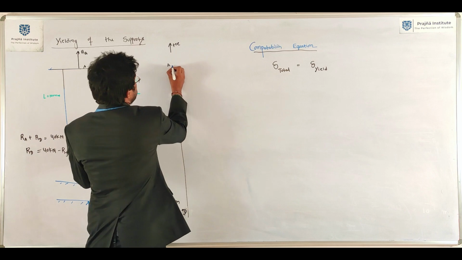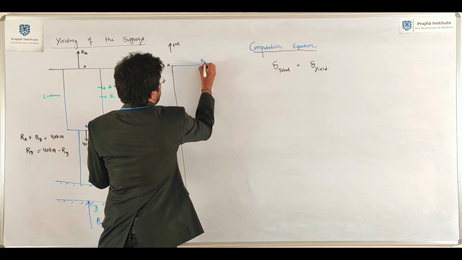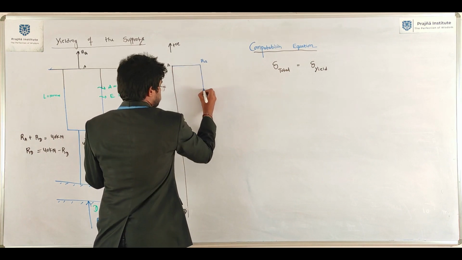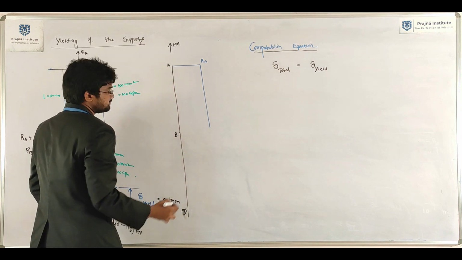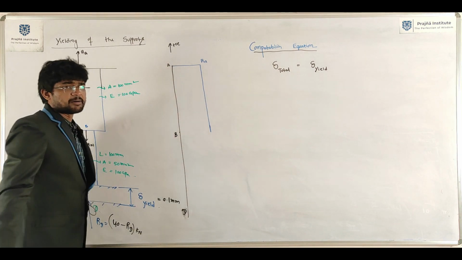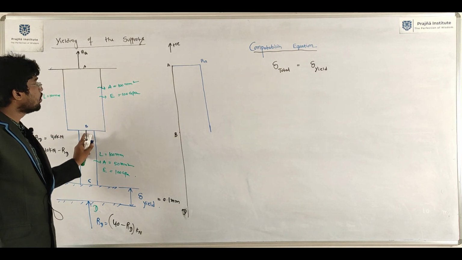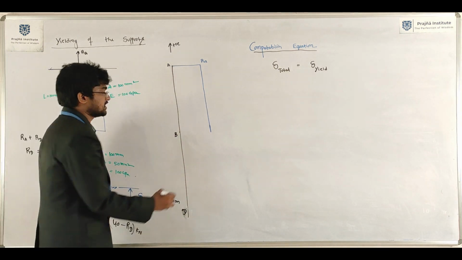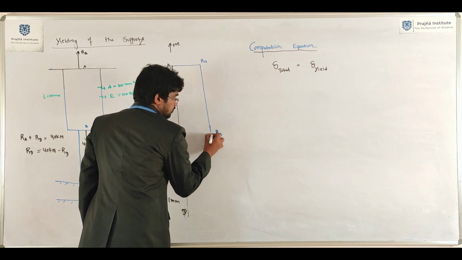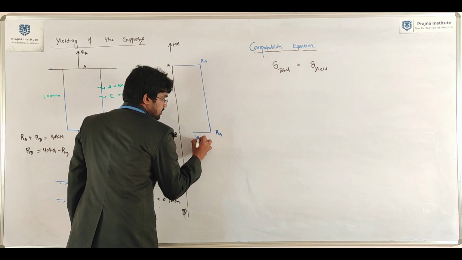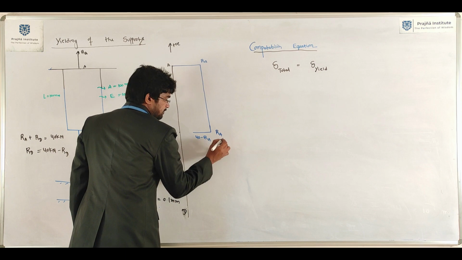Now I have seen the loads are both acting in the same direction. That means positive. Here you will get RA and then come up to here. Now I am here. I have seen the loads are acting in opposite directions. That means we need to move like this.